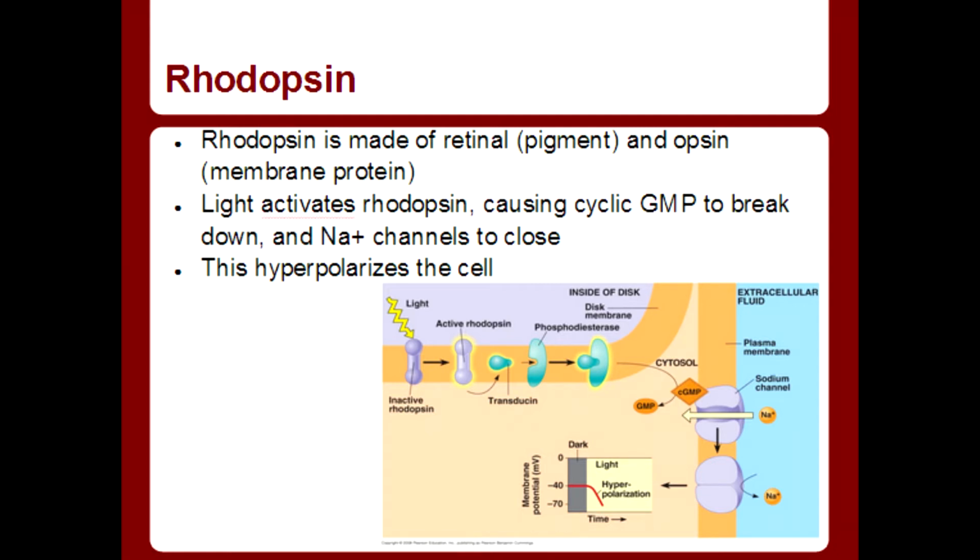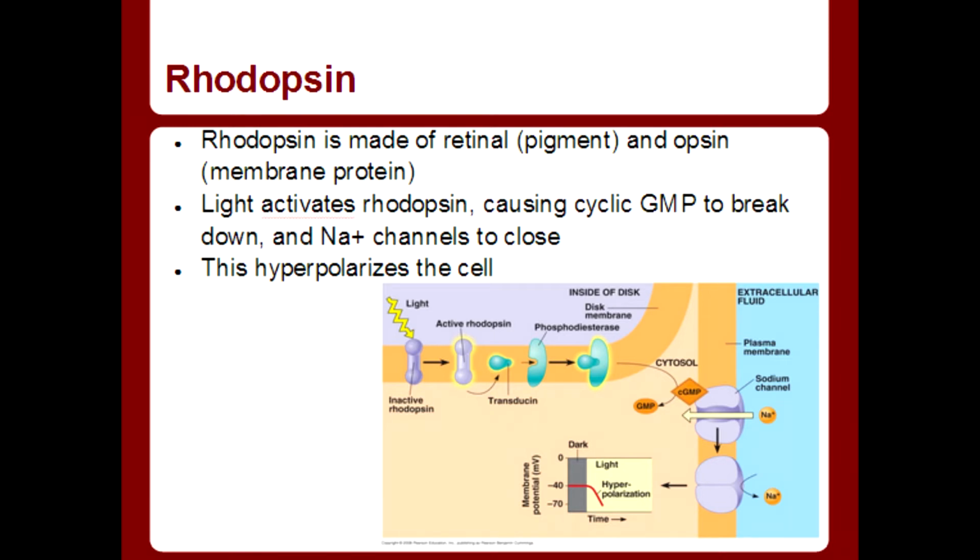Okay, so here's rhodopsin. Rhodopsin is a visual pigment in rods, and it's made of retinal and opsin. Retinal being the pigment and opsin being the membrane protein. Together they make rhodopsin. So what happens here is when light hits rhodopsin, it's activated, and an activated rhodopsin brings in transducin, which activates phosphodiesterase, which is an enzyme. And then here you can see there's sodium channels, and what's holding open these sodium channels is cGMP.